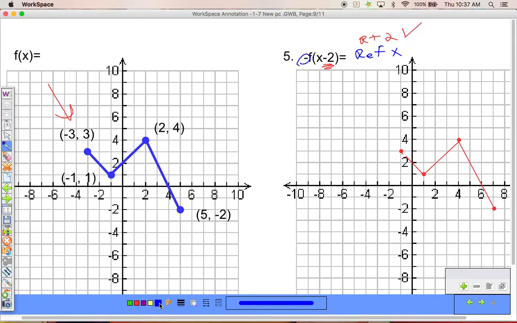Now I'm going to take all those points and reflect them over x. Negative 1, 3 goes down to negative 1, negative 3. 1, 1 goes down to 1, negative 1. 4, 4 goes down to 4, negative 4. 7, negative 2 goes up to 7, 2. And this is the final answer.